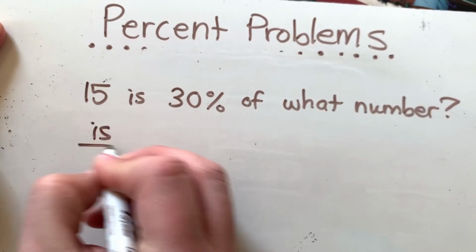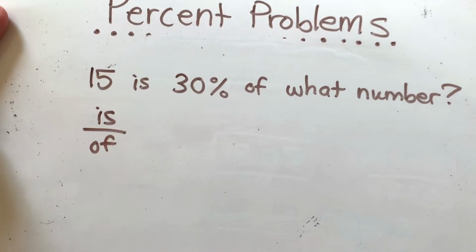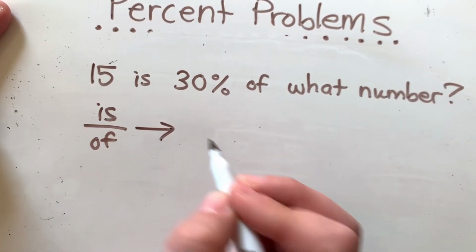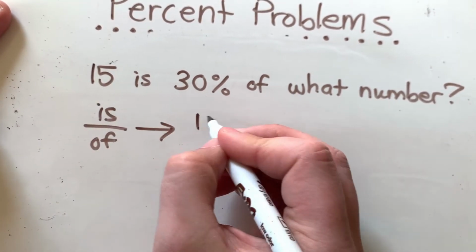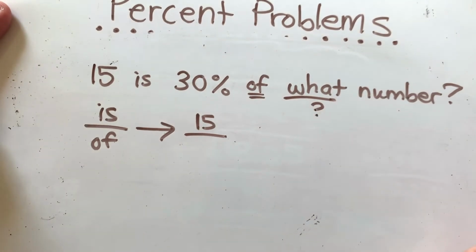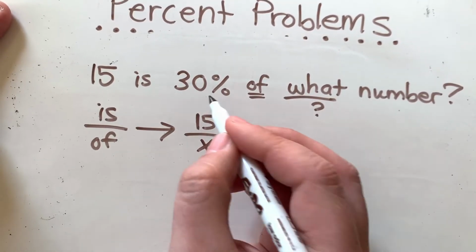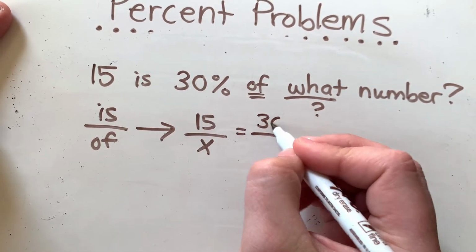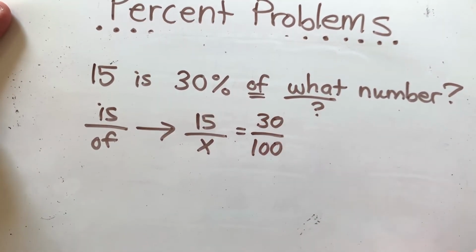So again, I like to use the proportion method. Is over of, we're going to set up our proportion. So 15 is the part. We don't know of what. We don't know what that whole number is. So I'm going to make that the variable, and we are given the percent. So I'm going to write 30% like that.